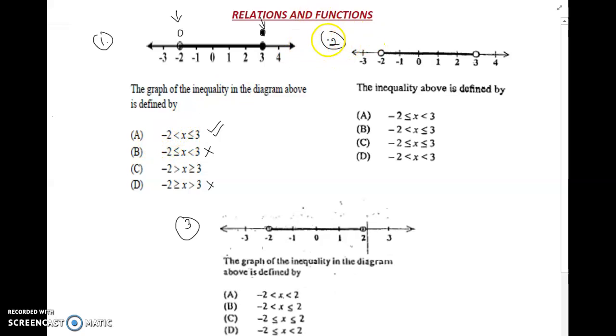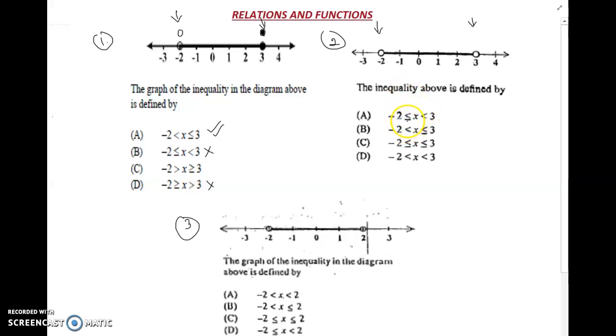So number 2 here is the same question. That's why they're next to each other. The same question, just we have 2 open circles. It goes from -2 to 3, and we have 2 open circles, as you can see right here. So again, 2 open circles means that there aren't supposed to be any equal lines under the inequality symbol.